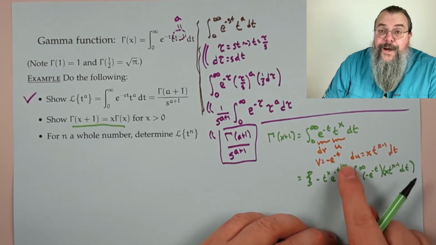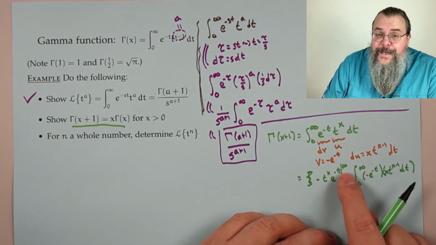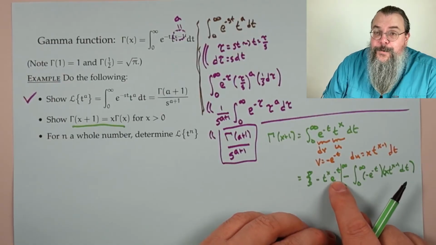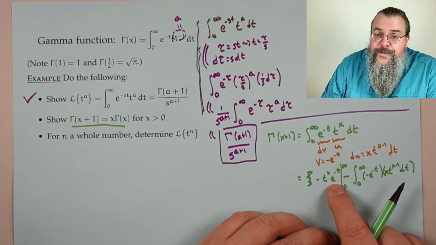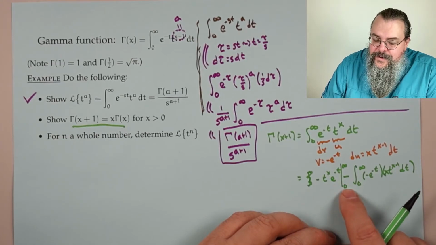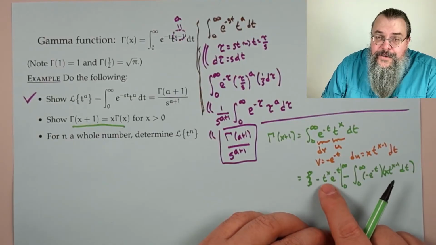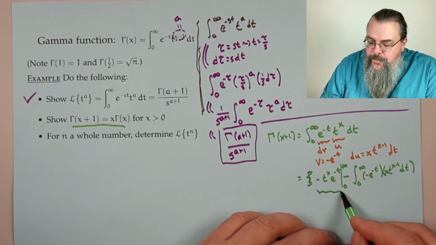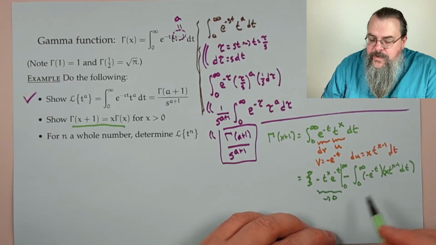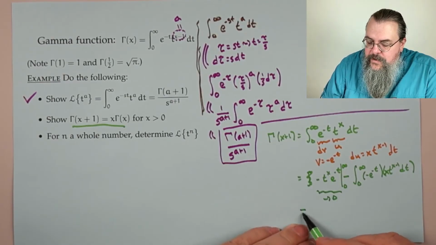Now, let's talk about our bounds here. At infinity, the exponential function wins. Exponential always trumps polynomial. And so we say, okay, we're going to go to 0. When you plug in 0, well, e to 0 is 1, but 0 to a power is 0. So the whole point here is that this part goes to 0. Now, what about the other part?